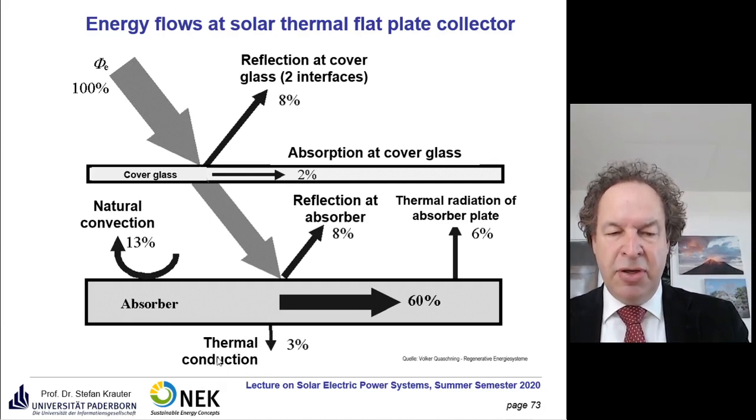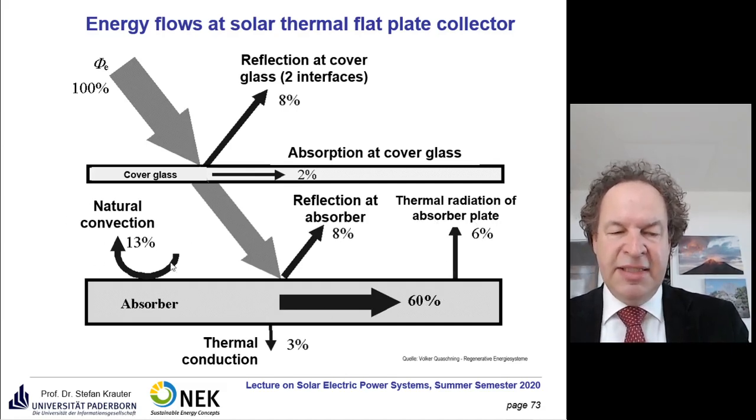This is thermal conduction, but also thermal radiation from the absorber plate here. This can be reduced by the cover glass. Usually glass is transparent for the visible part, or for sunlight, but not transparent for the infrared part being emitted from the absorber, the typical greenhouse effect that you see here.